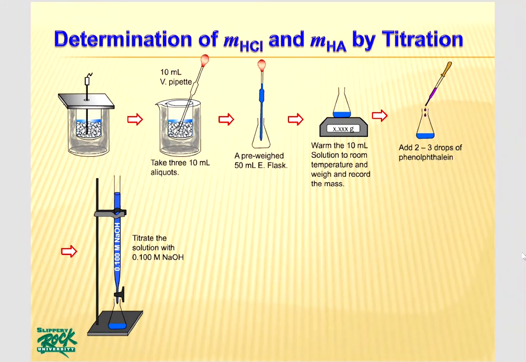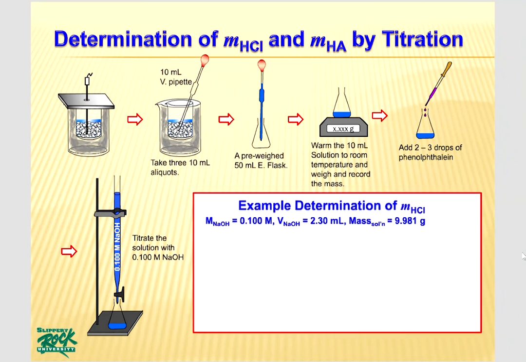Record the dispensed volume of NaOH solution and calculate the moles of acid that is present in each 10 ml aliquot. Now, I will show you how to determine the molar concentration of a 10 ml aliquot from each acid solution. Suppose that the concentration of standard NaOH solution is 0.100 molar.